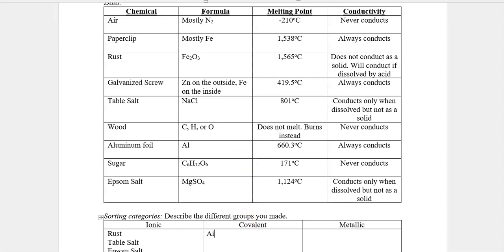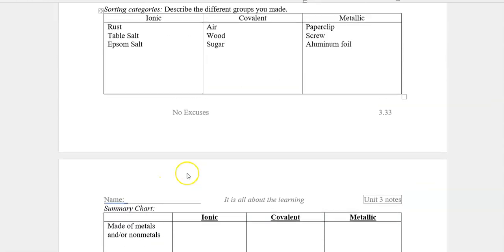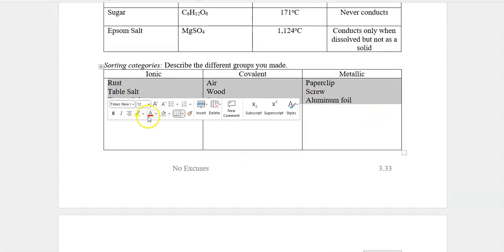Covalent is going to be air, wood, that one's hard, and sugar. Metallic is going to be the paperclip, the screw, and the aluminum foil. Highlight all that red.